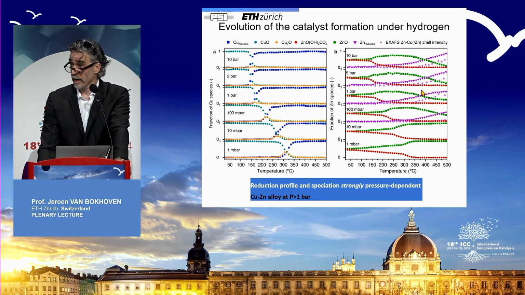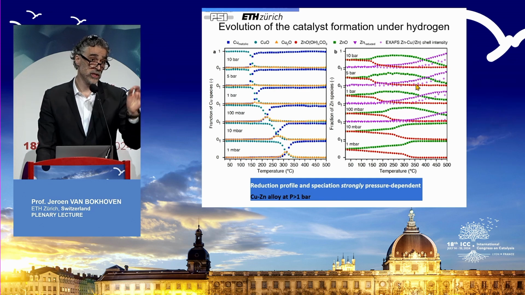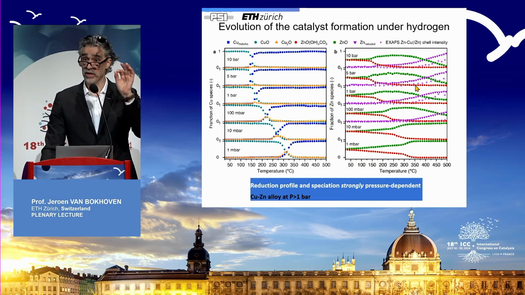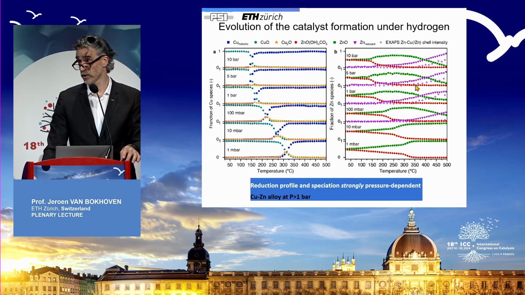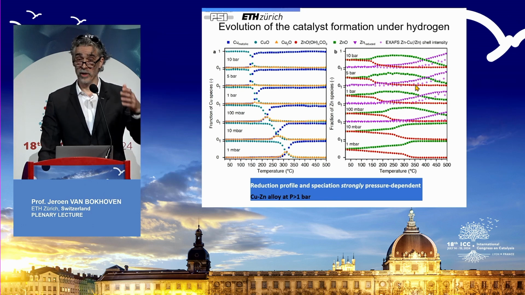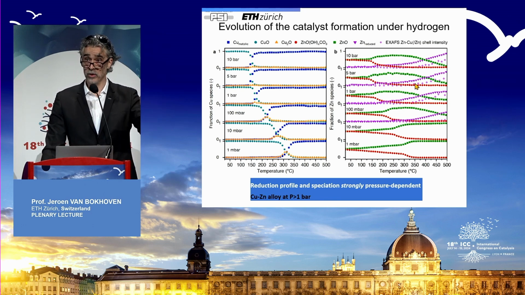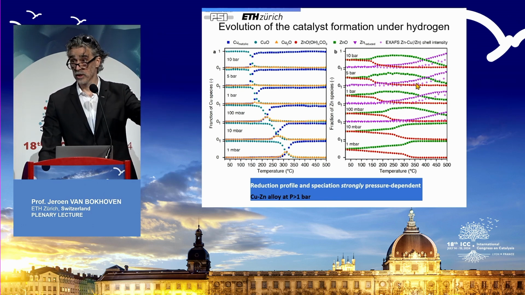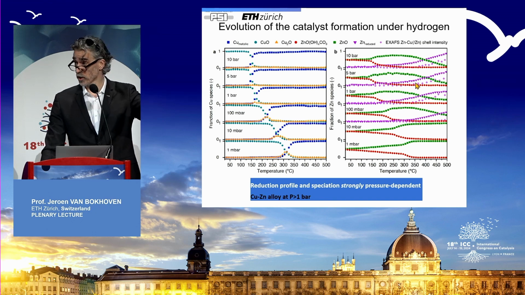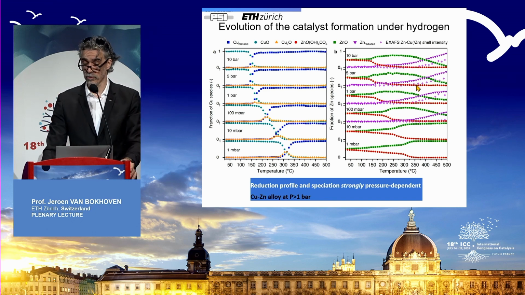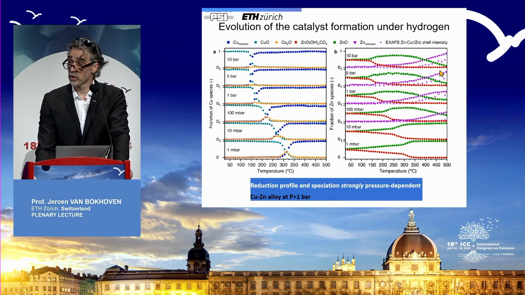And only at higher pressures do we see in the EXAFS a feature of a metallic zinc copper phase appearing. So that means that at a certain pressure, zinc oxide is reducing. And this still occurs at the higher pressures, but the reduction is deeper, and there is the formation of an alloy, which is detected in the EXAFS of the zinc.